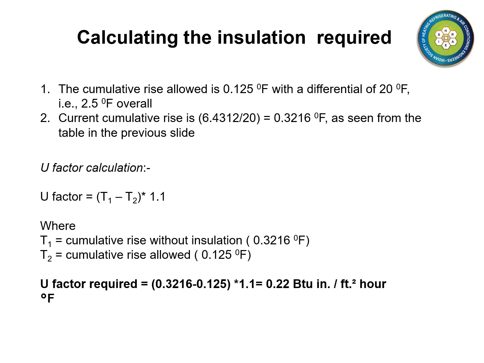Using this formula, we calculate the U factor required to be 0.22 BTU inch per square feet per hour per degree Fahrenheit.